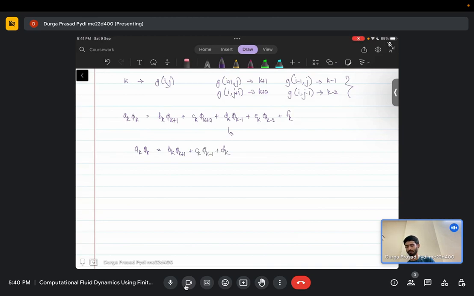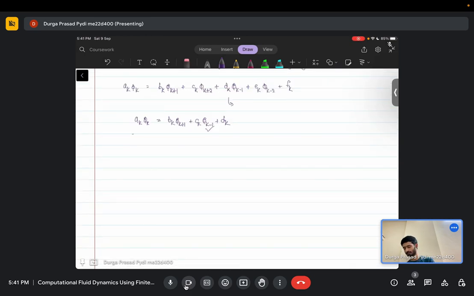When I have something like this, if you can write it in a matrix form, you have your phi0, phi1, going till phi n minus 1. Here you have d0, d1, going till dn minus 1.